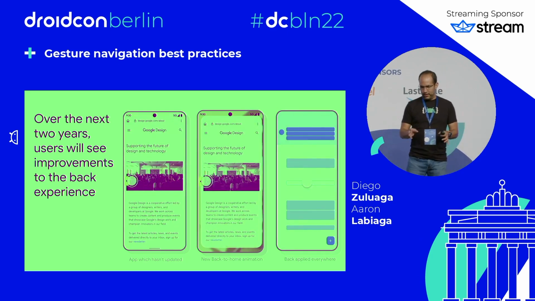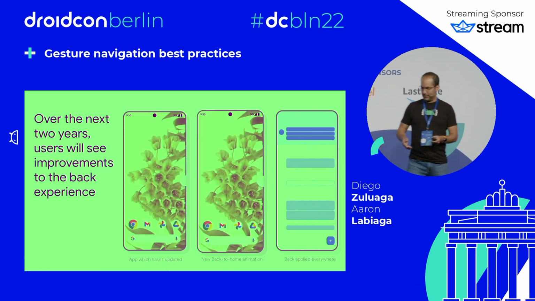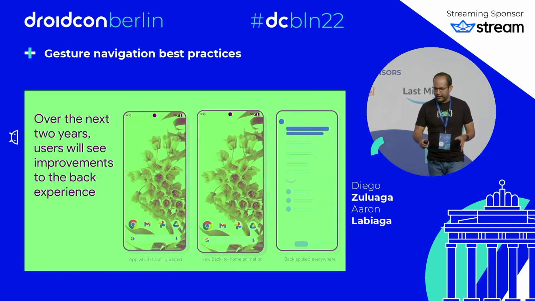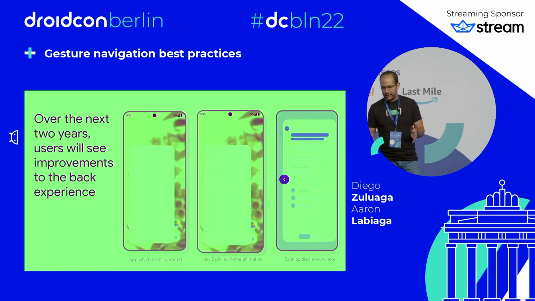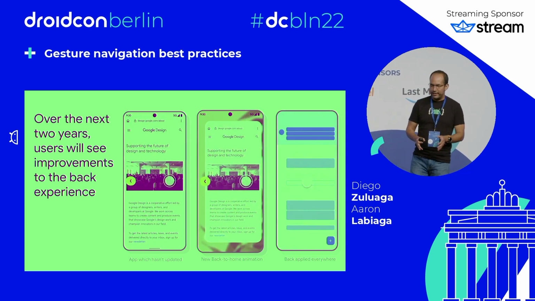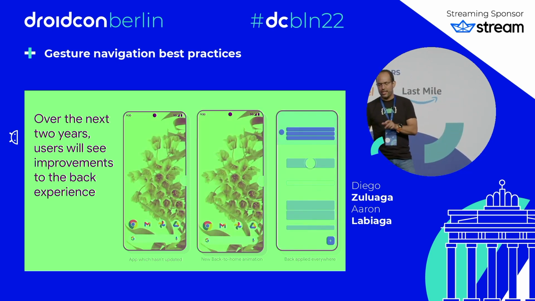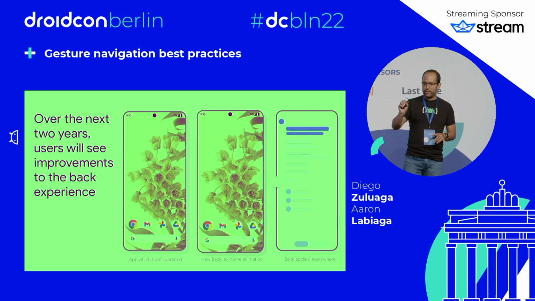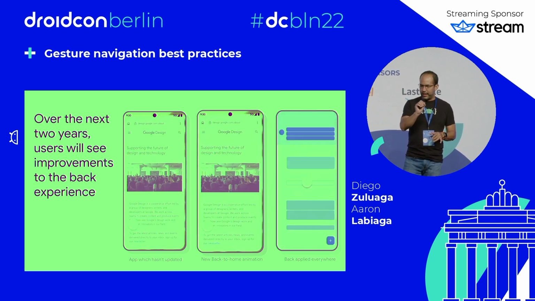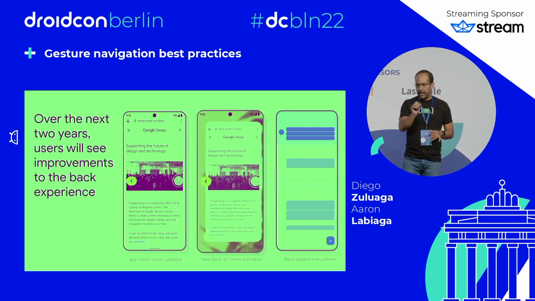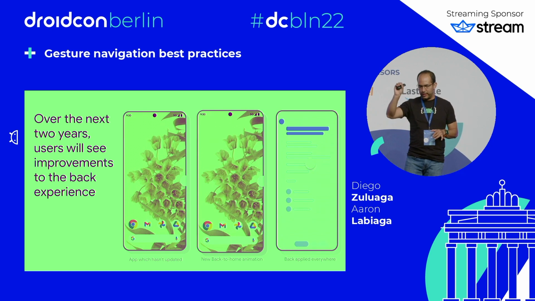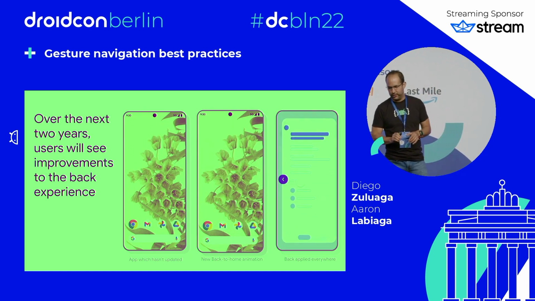So on the left, the first animation describes the current gesture navigation, but the one in the middle shows you that before you hit that back gesture, you're going to see a different kind of back arrow along with an animation that shows you it collapses into the Chrome icon, right?